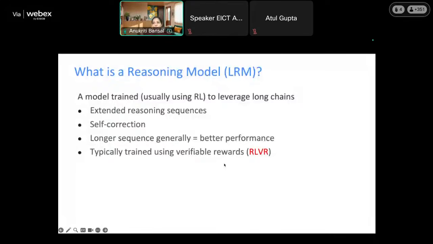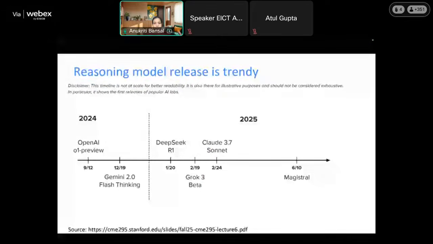These reasoning models became very popular in 2024 with OpenAI o1-preview and Gemini 2.0 Flash. These are all called thinking models.